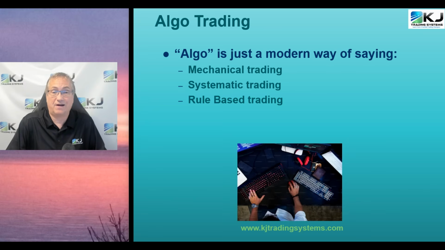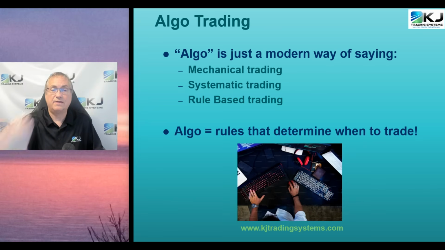That's all algos are. They just determine when you should trade. So think of it like that, and then it's a lot less scary, and it's a lot more approachable and something you can do on your own. You're just putting down rules that tell the computer when to buy and sell.